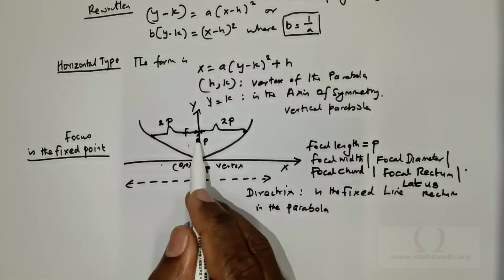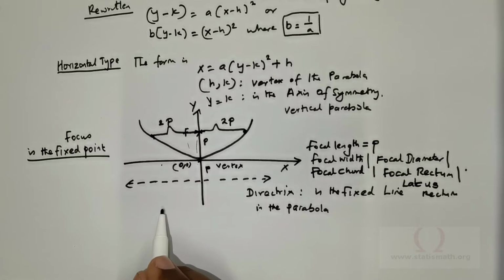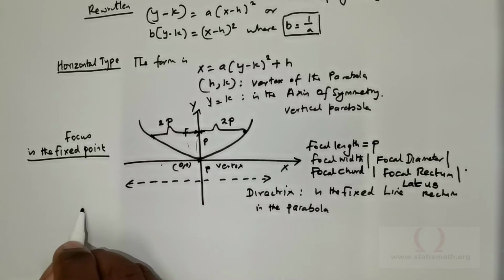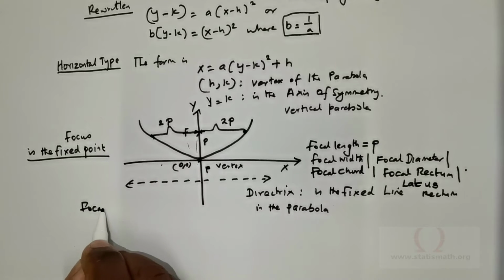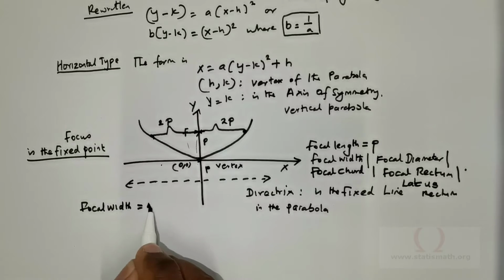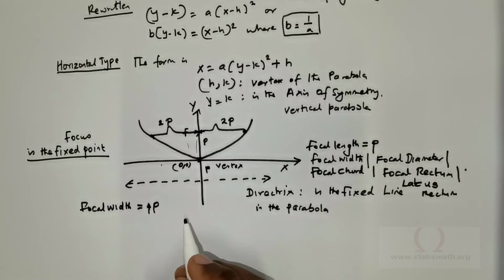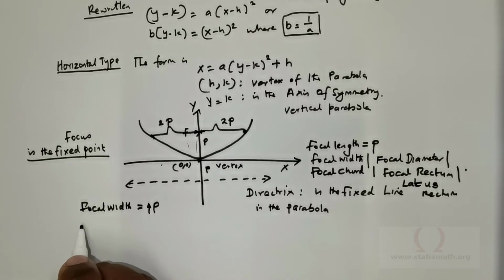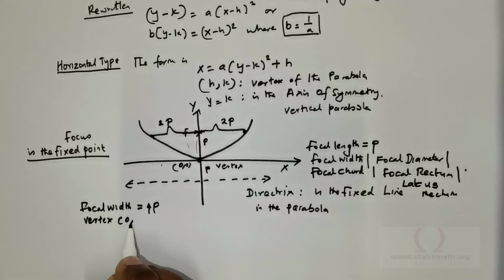So if I were to write the focal width for this particular parabola, it is going to be 4p. Okay, and the vertex, if I were to write it, is going to be 0, 0.